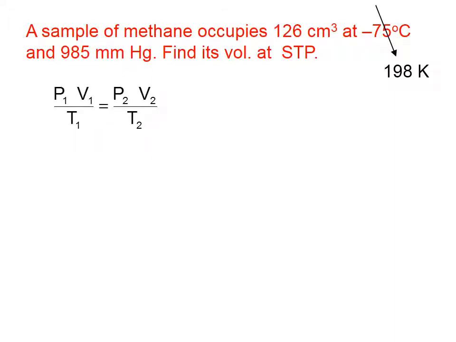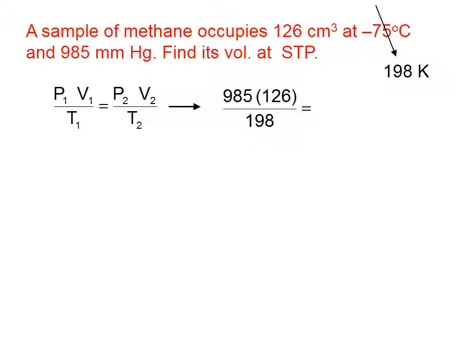There's the combined gas law. We know that any unit for volume is okay, so cubic centimeters is fine, same with pressure. Initially, we have a pressure of 985 millimeters of mercury, a volume of 126 cubic centimeters, and a temperature of 198 Kelvin.